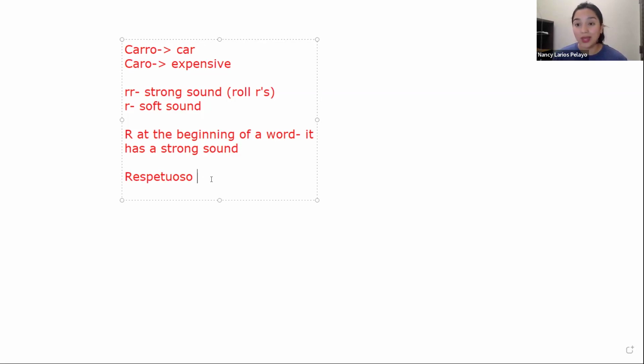He's a respectful young man. The word respetuoso, even though it has one R, because it's at the beginning, it has a strong sound. So you would roll the R, right? Again, this is only for R's that are in the middle of a word, so in between vowels. Okay, so carro, caro, respetuoso at the beginning of a word.